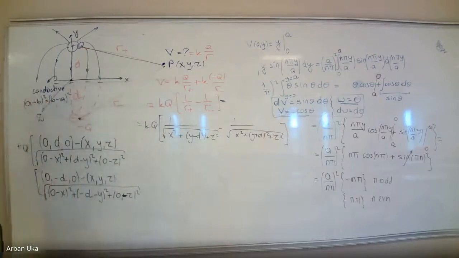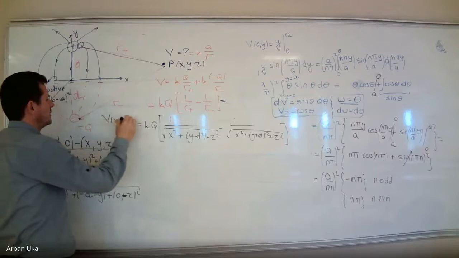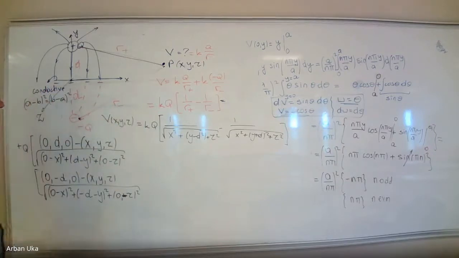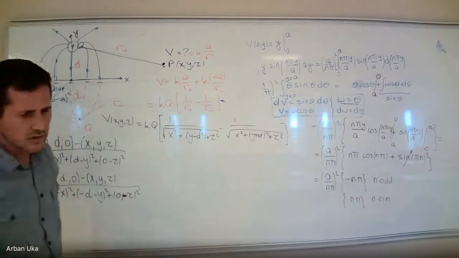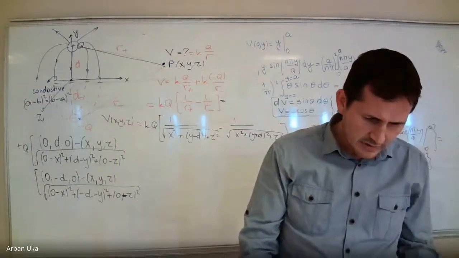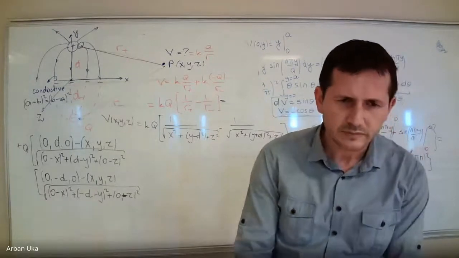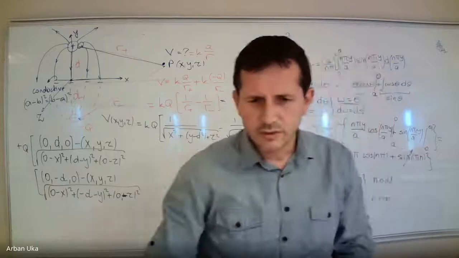So this would be the potential at any point x, y, z as a result of a charge q located in the proximity of a conductive layer or a conductive structure. Okay. Do you have any question?